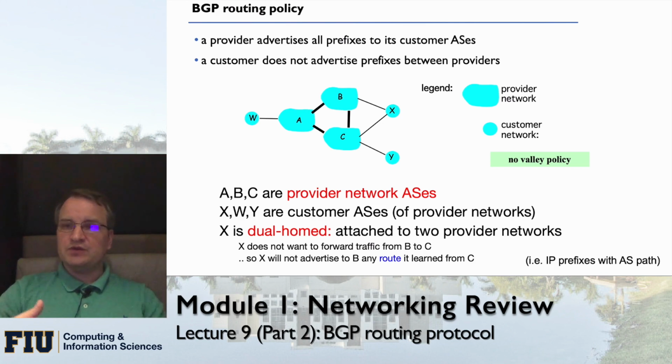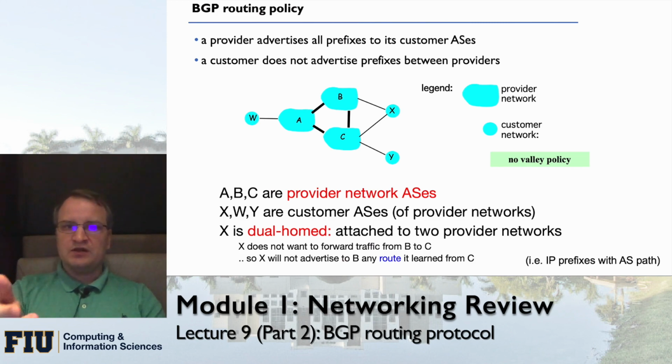For example, if I'm a customer of a provider, the database to announce back to the provider will be almost zero. Actually, it will have one entry, just for you, because you still need to announce yourself. But for the rest, you cannot announce to the provider that you can reach some network through another provider. It doesn't work. Even if you have multiple providers, you still cannot tell the other provider that you can reach some network.